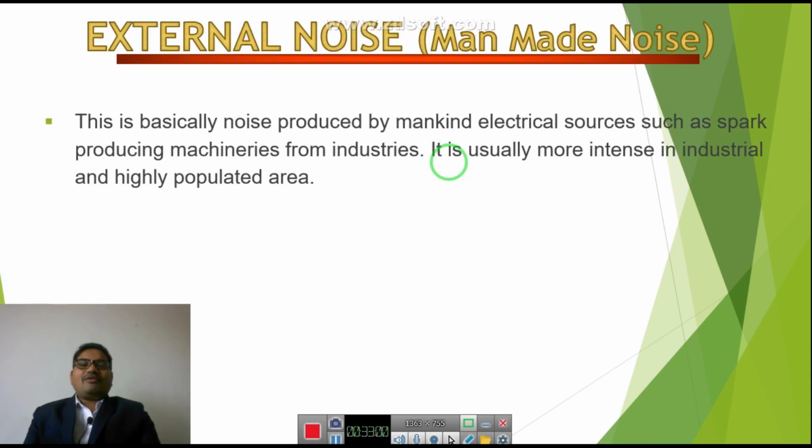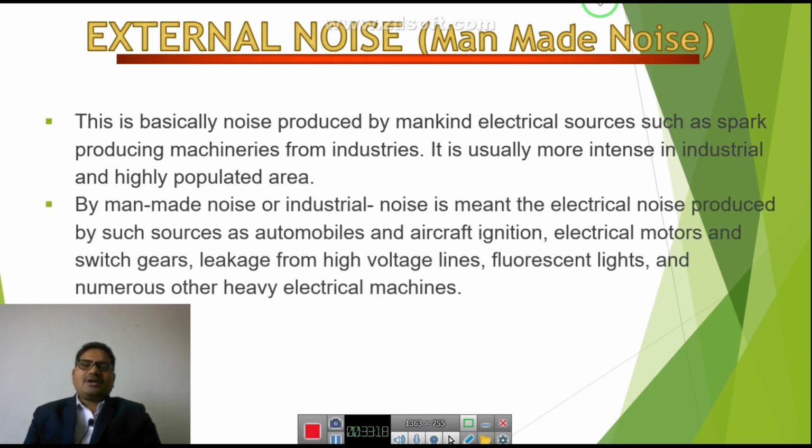The next type of external noise is called man-made noise. This is noise produced by human electrical sources, such as spark producing mechanisms from industries, and it is usually more intense in industrial and highly populated areas. Man-made or industrial noise means electrical noise produced by sources such as automobiles, aircraft ignition, electrical motors, switch gears, leakage from high voltage lines, fluorescent lights, and other heavy electrical machines.